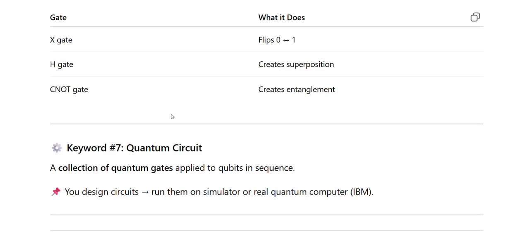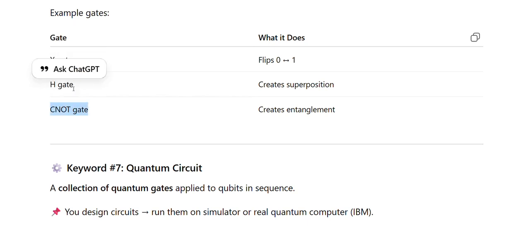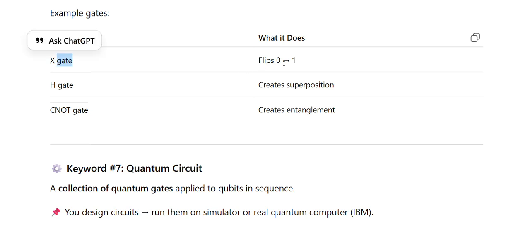What are the quantum gates? They are the X gate, the H gate, and the CNOT gate. The X gate flips 0 to 1 and 1 to 0. The H gate creates a superposition, as if the coin is spinning, so you can store both on and off states.